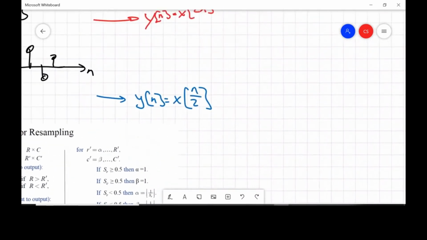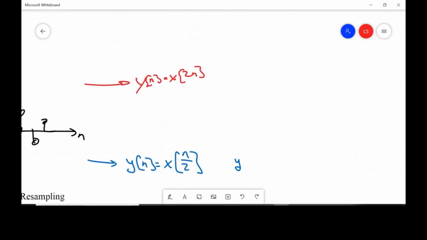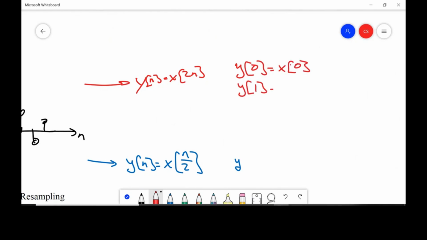Let's see a few of these values. So y of 0 is x of 0. Then y of 1 is x of 2. y of 2 is x of 4. y of minus 1 is x of minus 2.